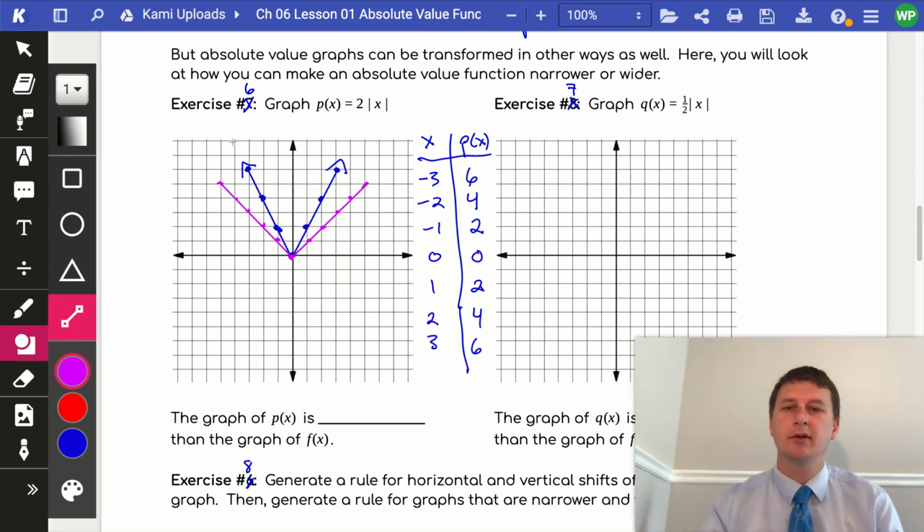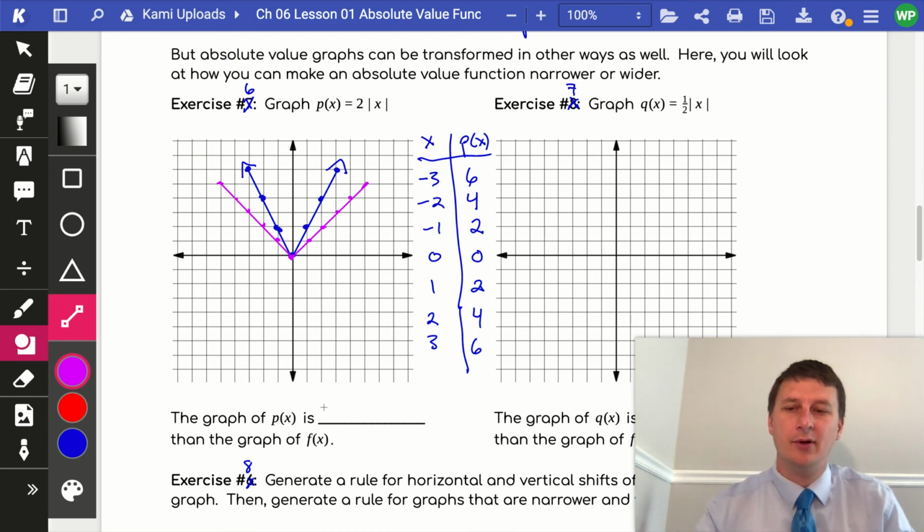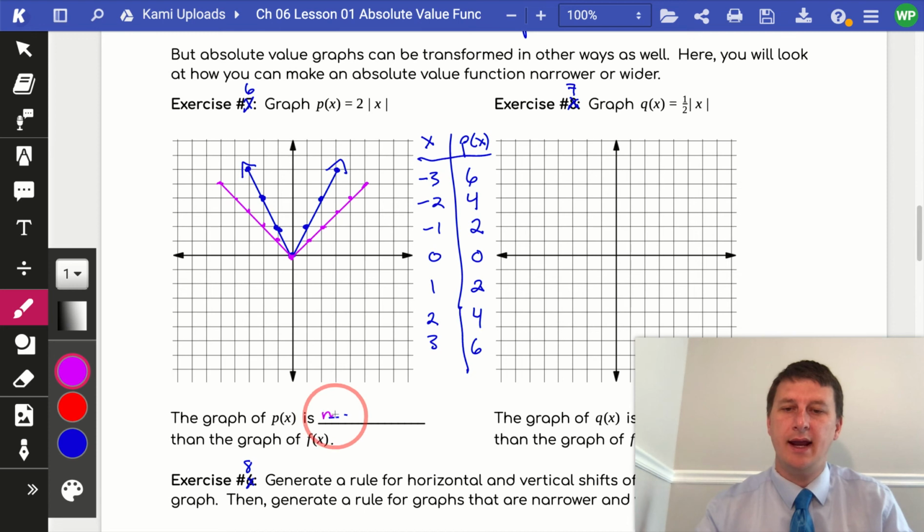Is it narrower or is it wider? You might see that those two lines of the V went from like this to like that. So that would make it narrower. So we want to say that the graph of p of x is narrower than the graph of f of x.